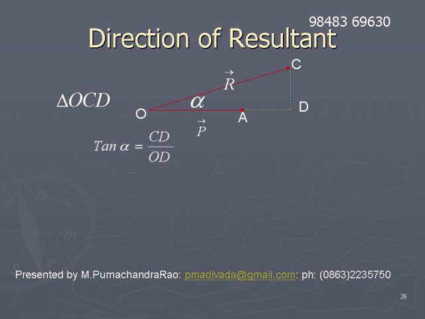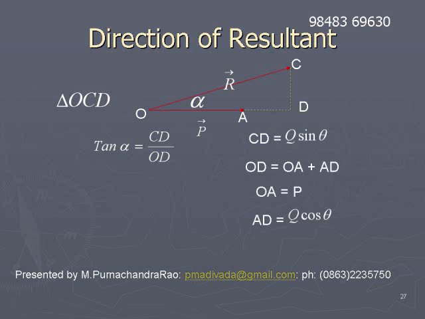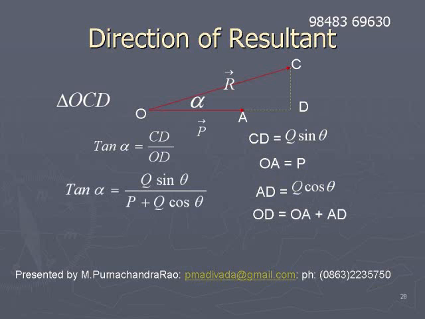But CD is Q sin theta, and OD is equal to OA plus AD, where OA is P and AD is Q cos theta. Hence, tan alpha is equal to Q sin theta divided by P plus Q cos theta. From this relation, we can find the angle alpha, which gives the direction of r bar.